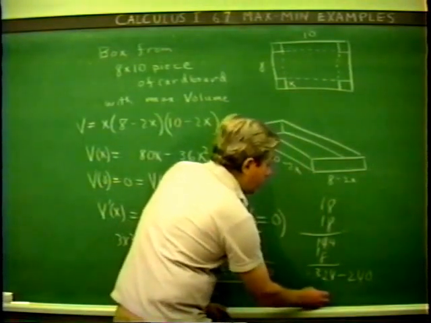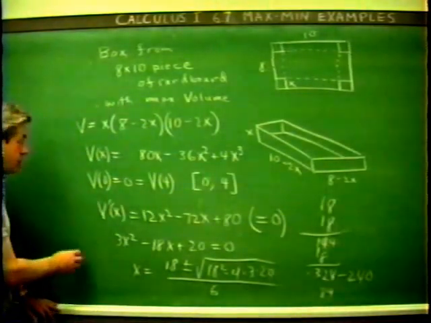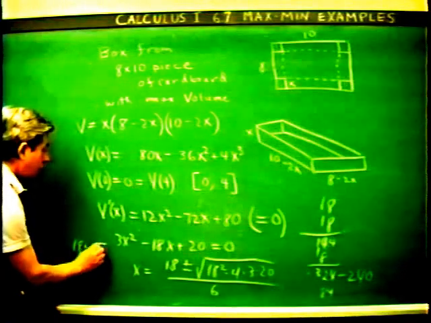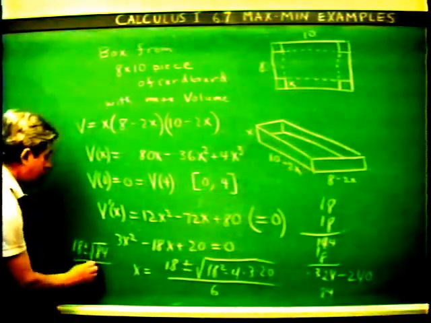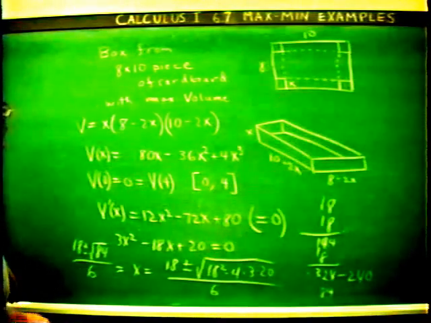So 324 minus 240 leaves us with 84. So this is equal to 0 when x is equal to 18 plus or minus the square root of 84 over 6.